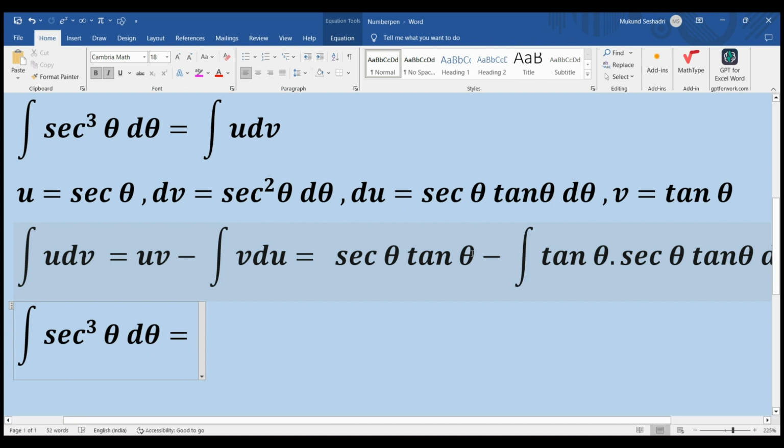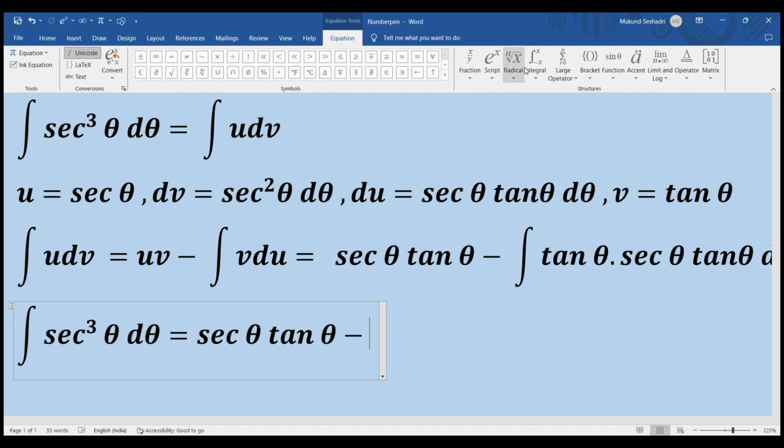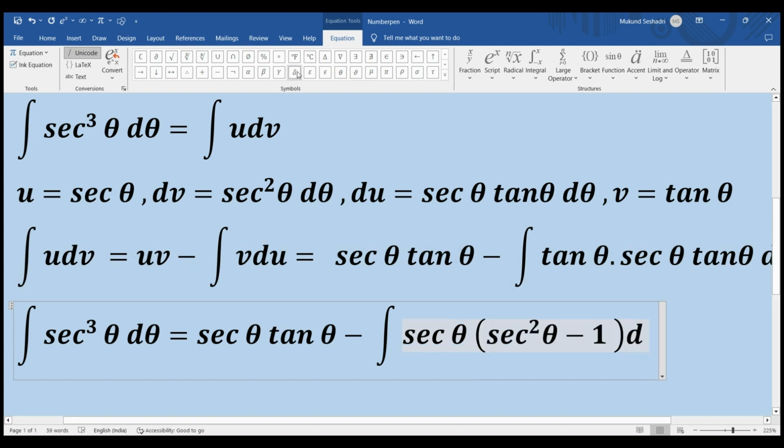So what I'm going to do is secant theta tan theta remains as it is, and then minus of this part, right? The way I'm going to write this is I have integral of secant theta, and then I have a tan square theta. What is your tan square theta? Is nothing but a secant square theta minus 1 d theta, right?